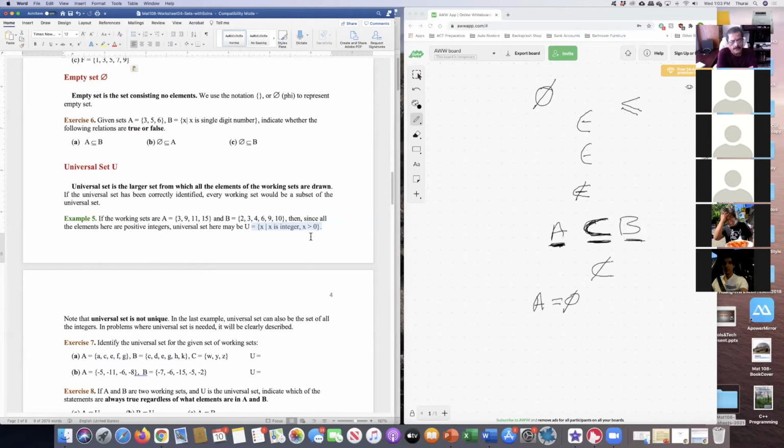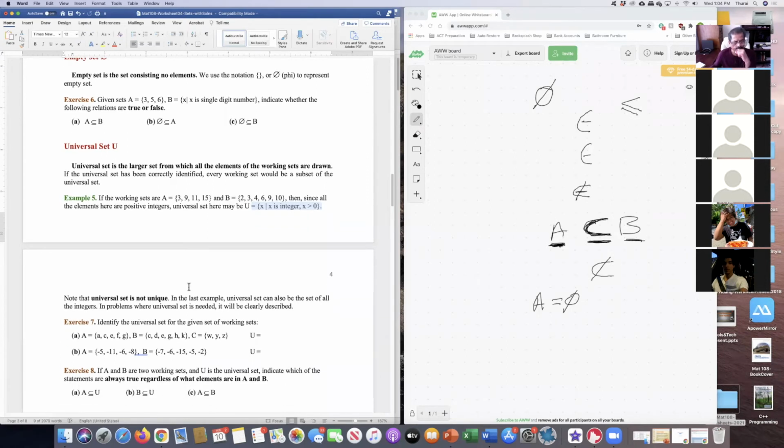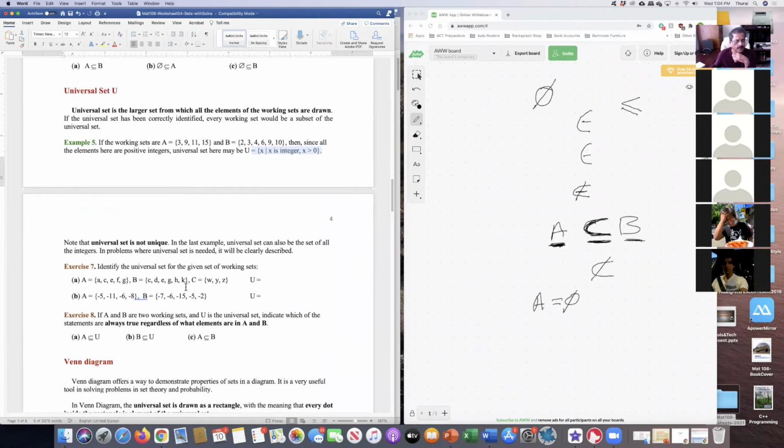That would be a larger set. Is that a correct universal set? Yes, that is also correct. The universal set can be any set for which all your sets are subsets. But in problems that deal with a universal set, the problem will tell you what it is, because the universal set is not unique. It can be anything. So you don't have to guess yourself.